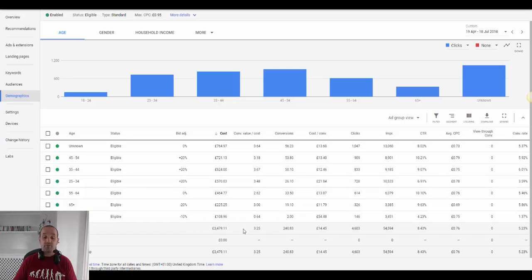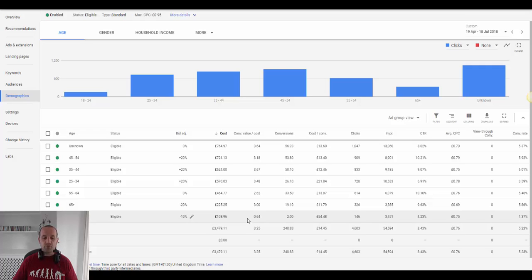My average is 3.25 here, so I'm going to want to adjust my bids down for groups that are below that figure, or increase them for groups that are higher than that. Because I want my ads to be in higher position, I'm happy to pay more per click. So that's the important thing to think about. Again, just to recap, don't worry about your overall cost per conversion. We're only looking at a comparison within this particular ad group at the moment.